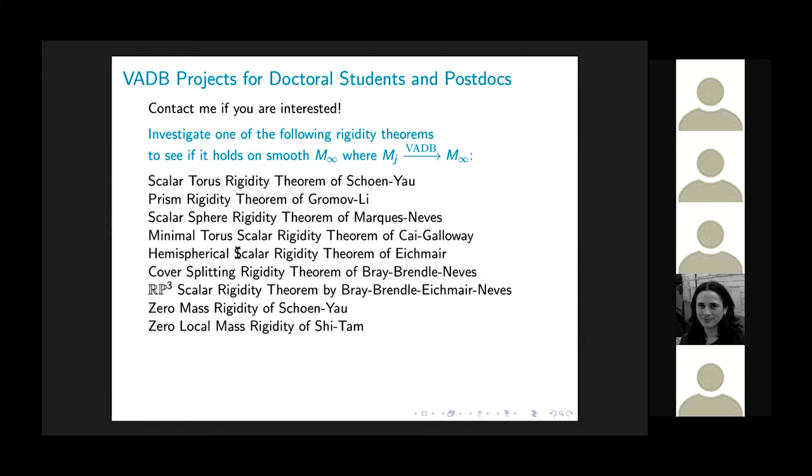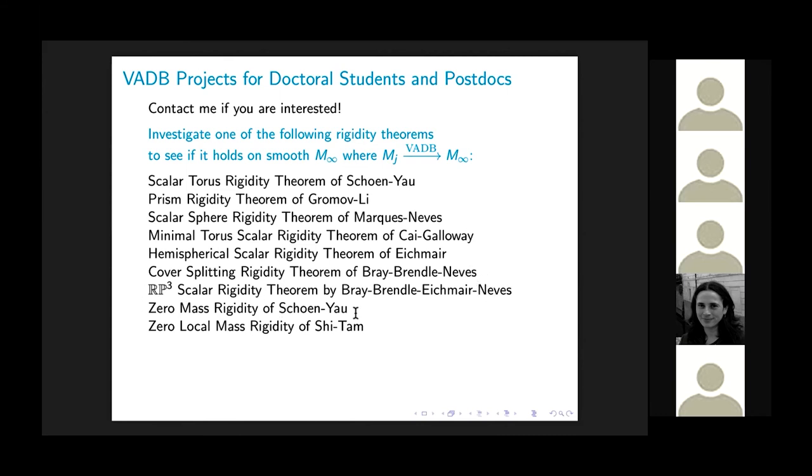So it's a boundary version. The cover splitting rigidity theorem of Bray-Brendle-Neves. This is a theorem which forces that there exists a cover that is isometric to R cross something. And the RP3 scalar rigidity theorem, which is very similar to the scalar sphere, but forces it to be RP3 exactly. These ones are using Ricci flow techniques.